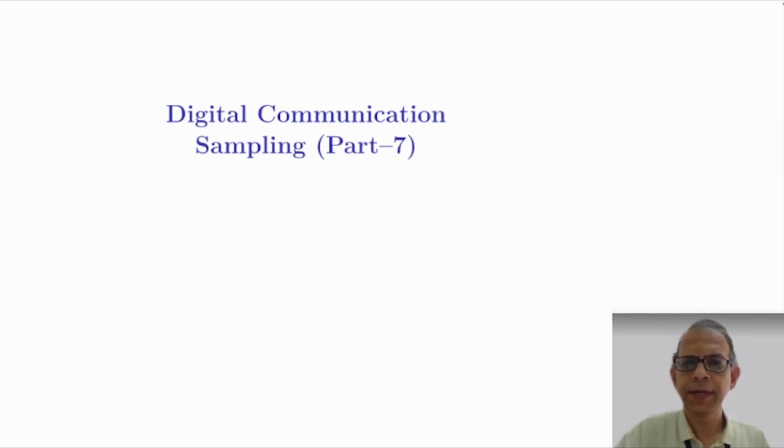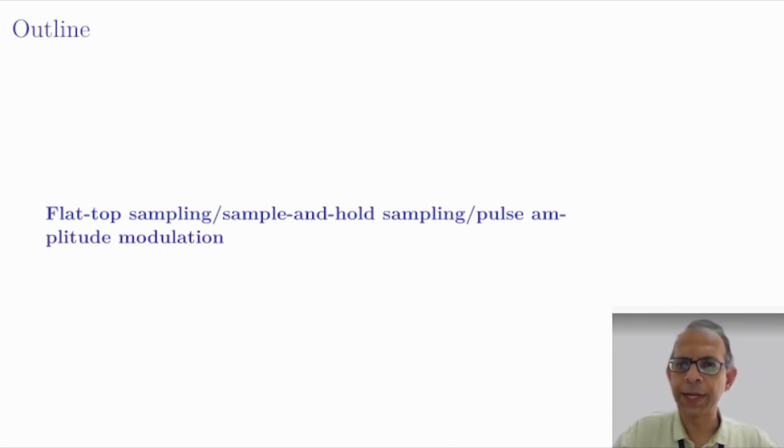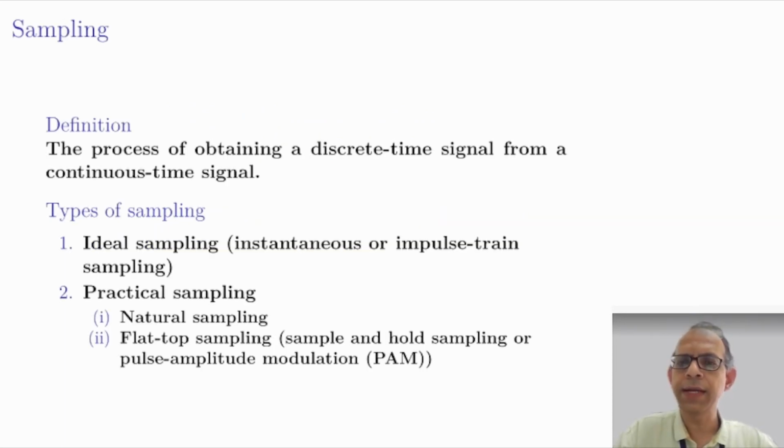Hello friends, in this lecture we will talk about flat top sampling. Recall that sampling is the process of obtaining a discrete time signal from a continuous time signal. We have already seen the process of ideal sampling and one way of practical sampling called natural sampling.